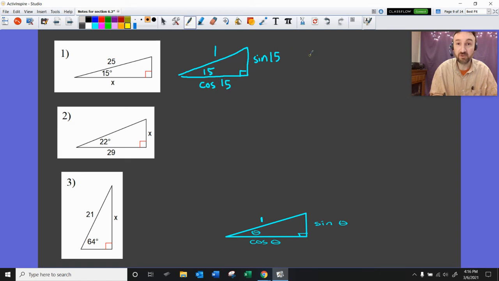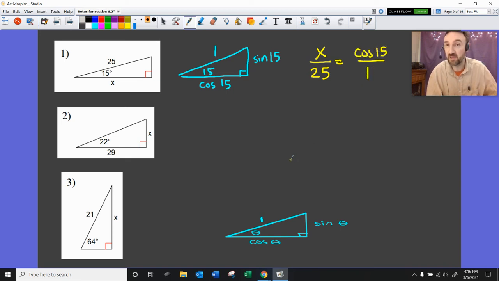In my first triangle, I want to figure out what x is, and the side that I know is 25. See that? I'm just looking at these two pieces. Then I just set up the same ratio in the other triangle. That's got to be equal to, x would match with cosine of 15, so I put that on top. And then 1 goes on the bottom.